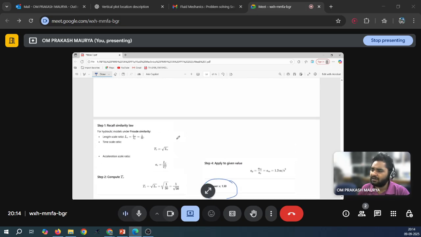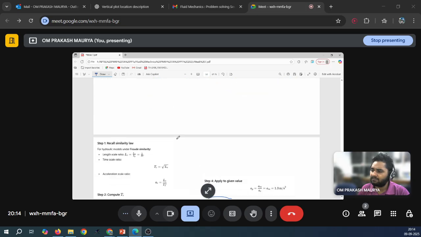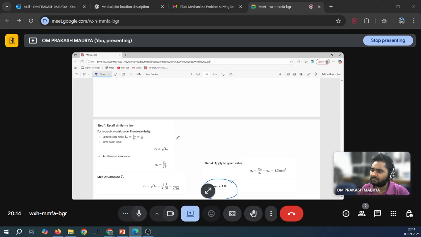How is TR the ratio of root LR? Velocity is, no, the distance by time. Let me show you how it is.